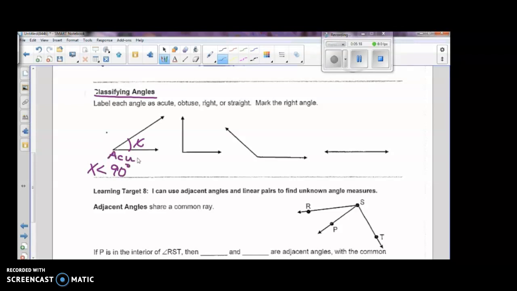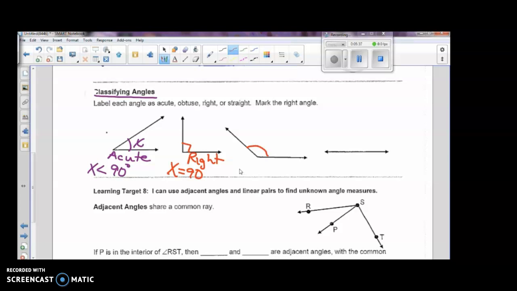We'll write it in more mathematical terms: x is less than 90 degrees. Now, when we are labeling a right angle, that is exactly 90 degrees, and we label it with that little box there.